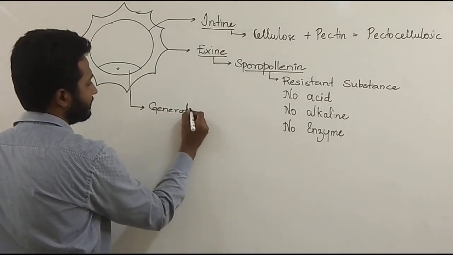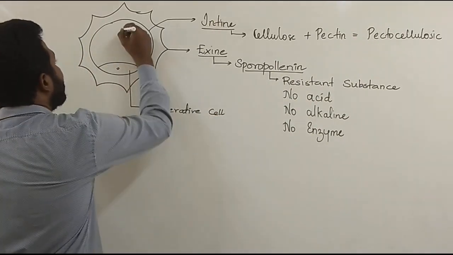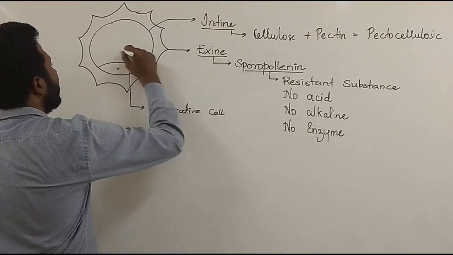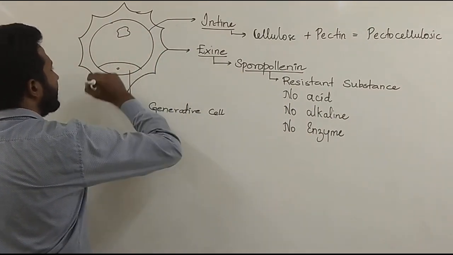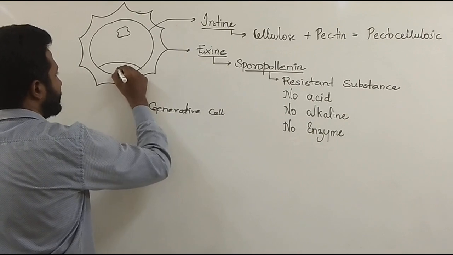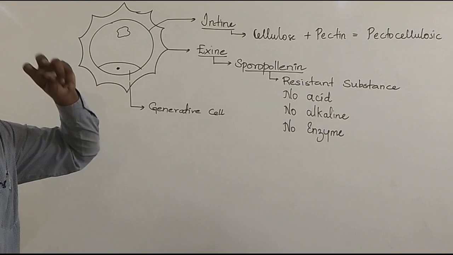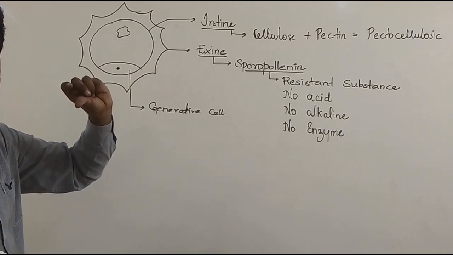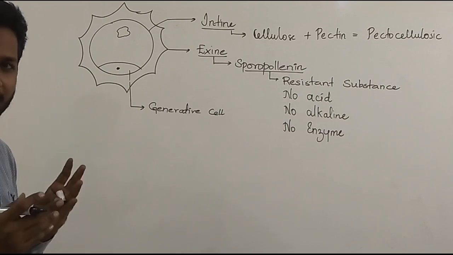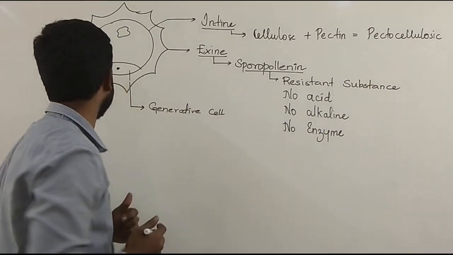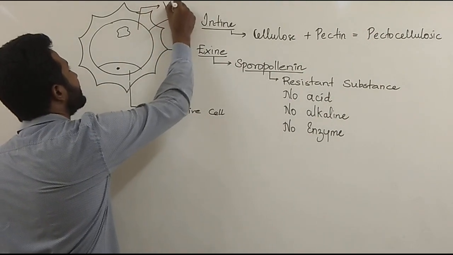Then towards the upper side, you have a very large cell with an irregular shaped nucleus. Here you see a quite small nucleus, but in this you find a large nucleus which is odd in its shape, amorphous, or not having a proper structure. So this cell is known as the vegetative cell.